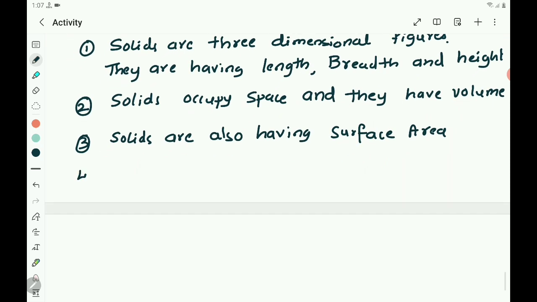Next you can take, solids are having faces, edges, vertices, etc. also.